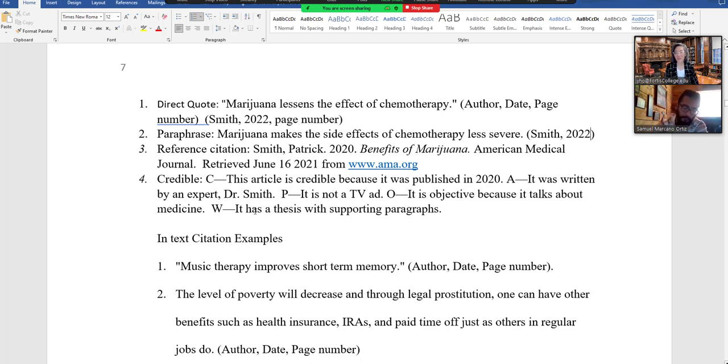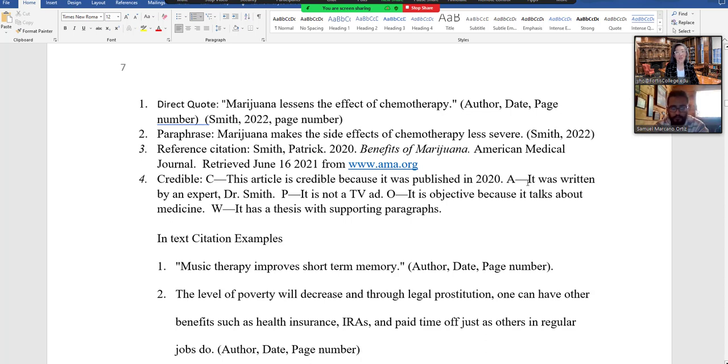Now I think I covered KAPOW already. So what does KAPOW stand for again? Oh, give me 1 second. I have it. KAPOW stands for current, author, purpose, objectivity, writing style. Okay, good. So you would say this article is credible because C, it was published in 2020, so it's within the last 10 years.